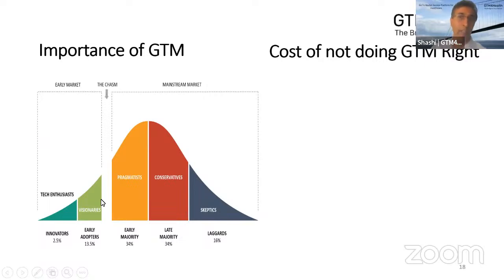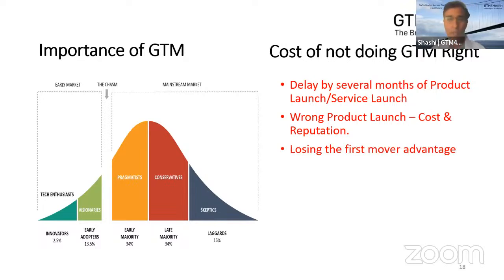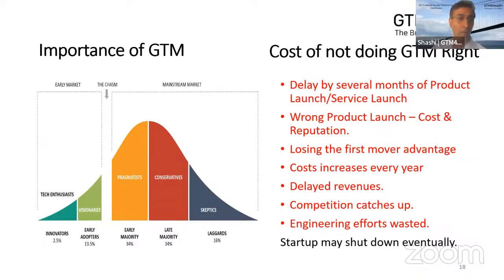So if you're not thinking from a go-to-market perspective right from the beginning, you are in trouble. So what happens is there's a delay of several months of your launch, or you launch a wrong product, cost, reputation, sometimes first mover advantage, cost increases, delayed revenues, competition. These are some of the things that really happen over there. And at the end, actually, the startups also shut down because time is also a finite value, right?